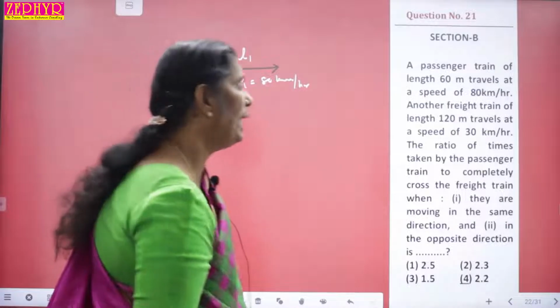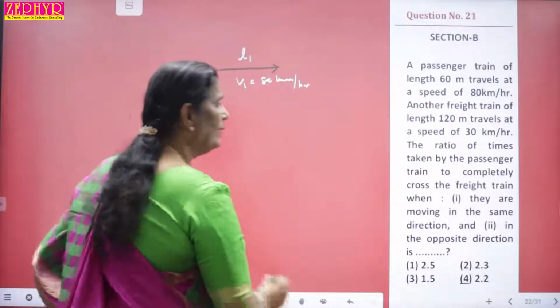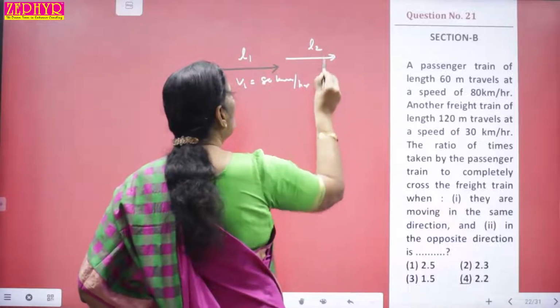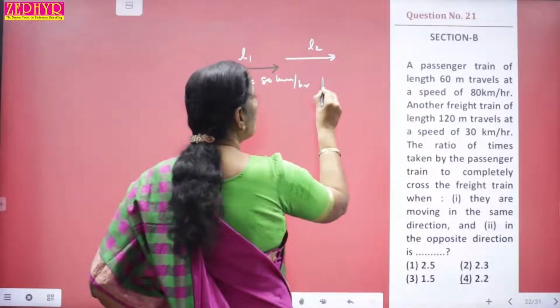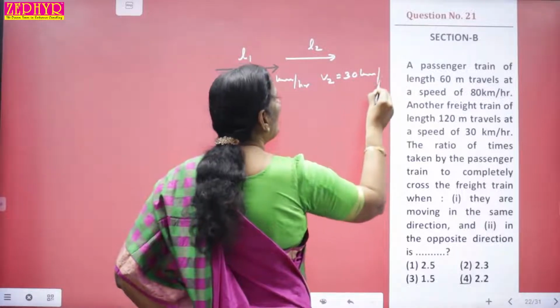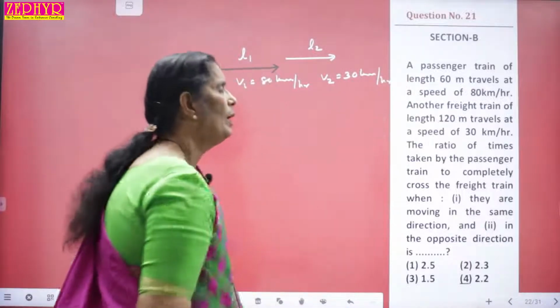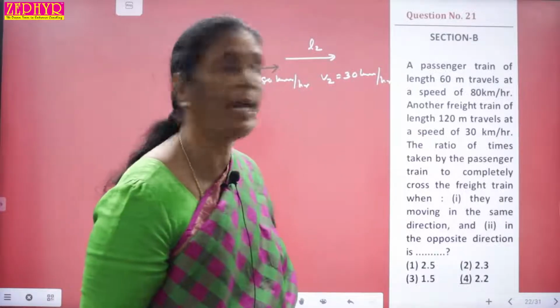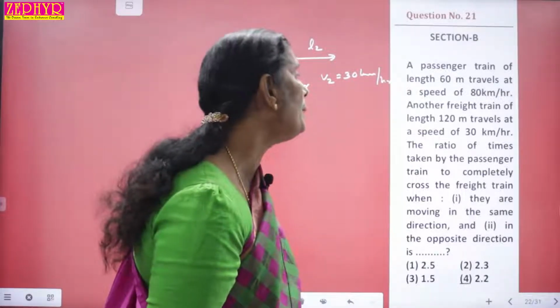Another train of length L2 is moving with a velocity of 30 km per hour. The ratio of the time taken by the passenger train to completely cross.